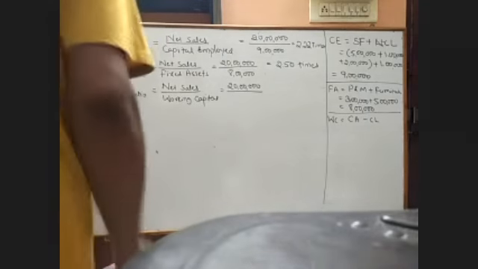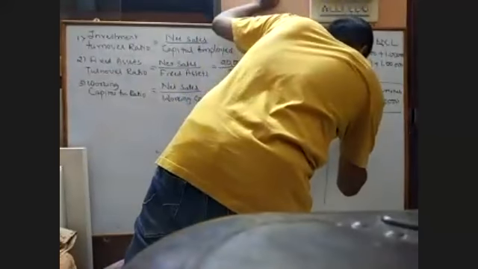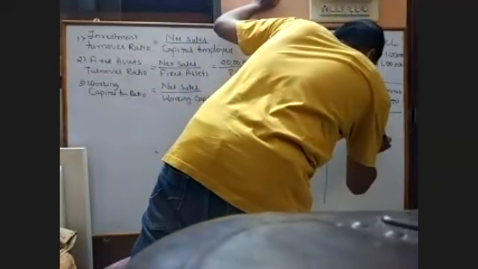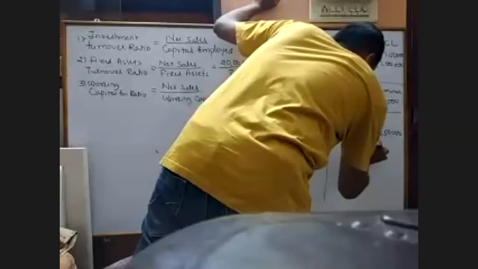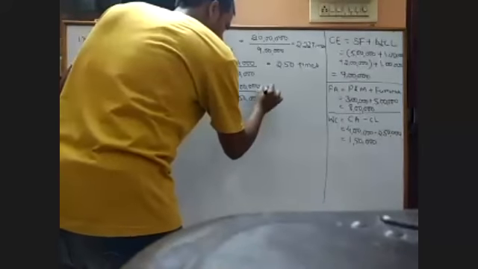Now, the current assets which is given in the problem is 4 lakhs. And current liabilities, 2 lakh 50,000. So working capital is 1 lakh 50,000.